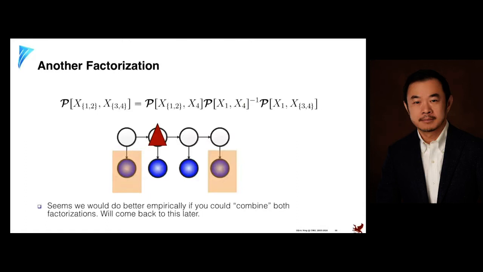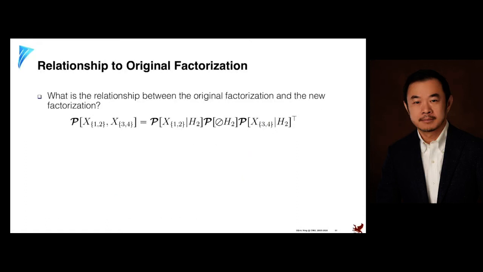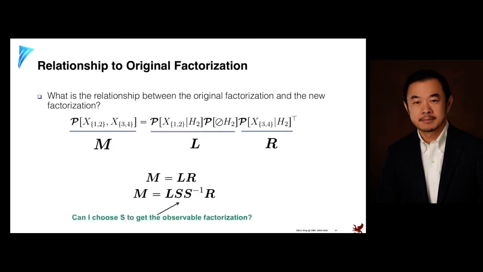Okay. All right. So what this slide shows you is just a glimpse of the relationship to the original factorization, which is based on hidden random variables. Basically, the relationship is it's just a particular way of manipulating the factorization matrix.